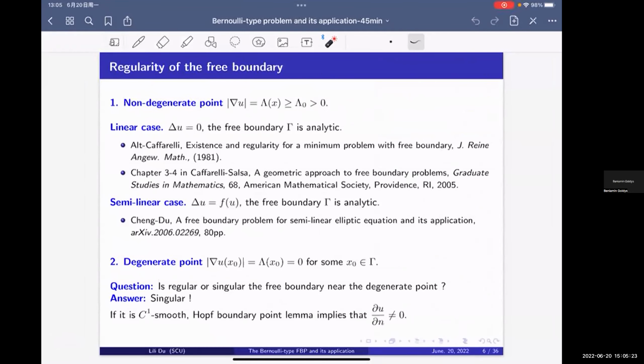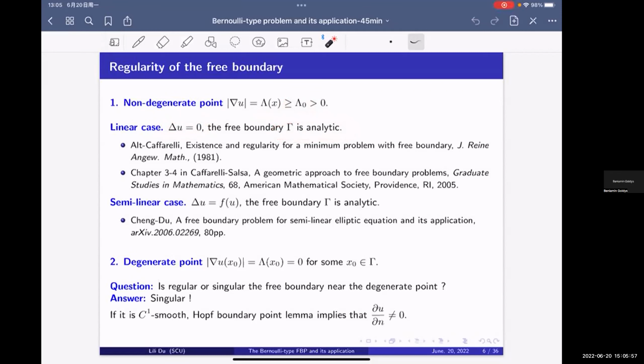One of the most important problems is the regularity of the free boundary. For case 1, if the given gradient function lambda(x) is non-degenerate, that is, lambda(x) is larger than some positive constant lambda_0. For the Laplace equation, the linear case, in 1981, Luis Caffarelli showed that the free boundary is analytic.